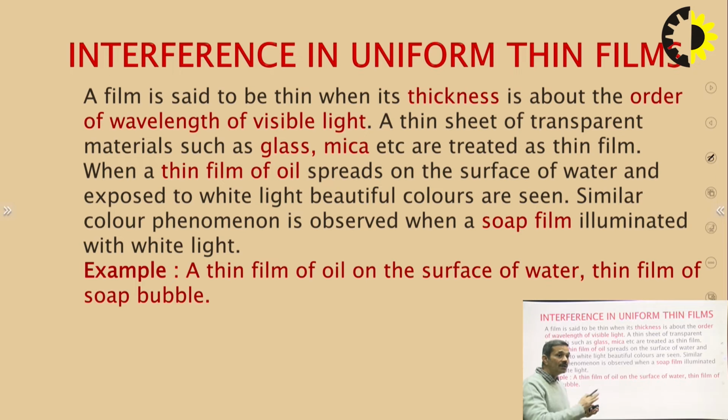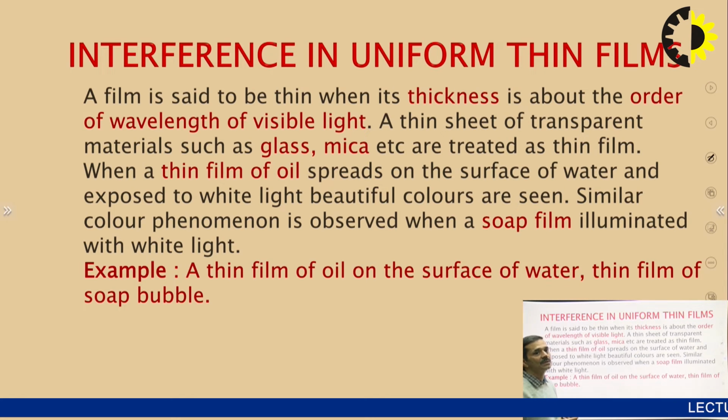Other thin films can be obtained if we spread some oil drops on water, then we will have an interference pattern. We can see beautiful colors. If sunlight falls on this oil film, we will observe beautiful colors there.